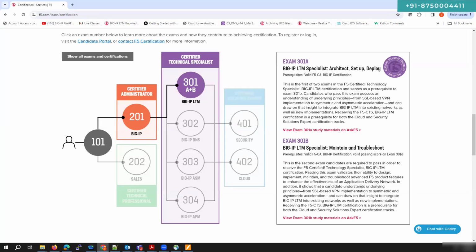These are all multiple choice based questions that you get during the exam. By simulation I mean configuring or troubleshooting scenarios. No, you don't do that. With 101, 201, 301 A and B, you only get multiple choice questions and have to select the correct choice.